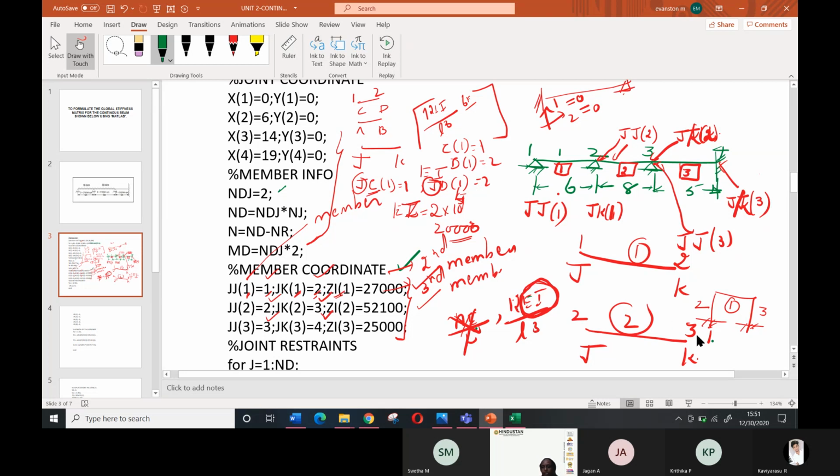Now I will mark the joints with blue color: 1, 2, 3, 4. Now you tell me how the first member is connected. J of 1, the first member is connected with the joint. What should I write? 2. What is JK of 1? JK of 1 is equal to?